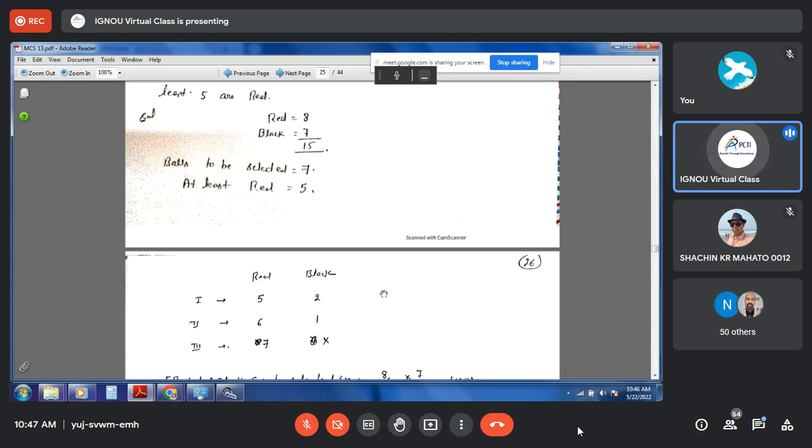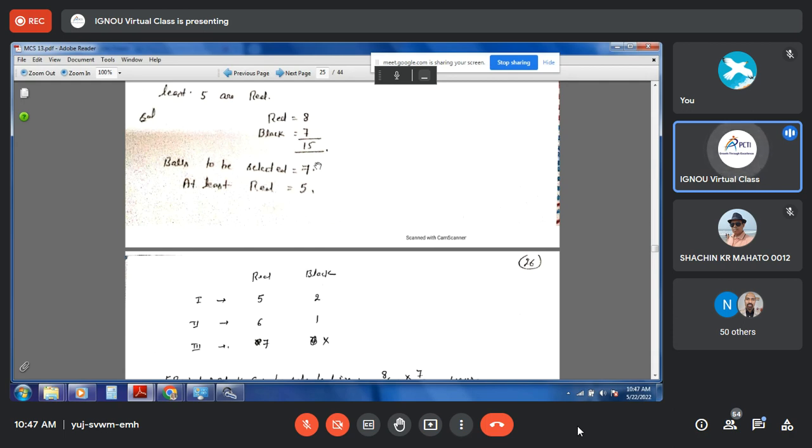Now, when we use the addition, the same process is done in different ways, like this. In the first case, we make the table of red and black. If we select 5 red, then we will have to select 2 black balls. Why?